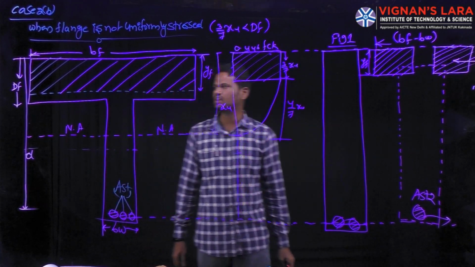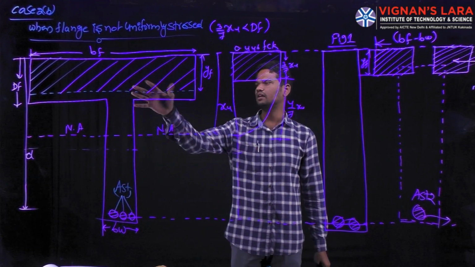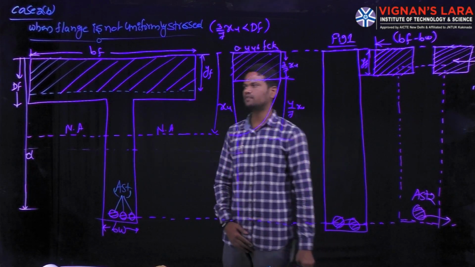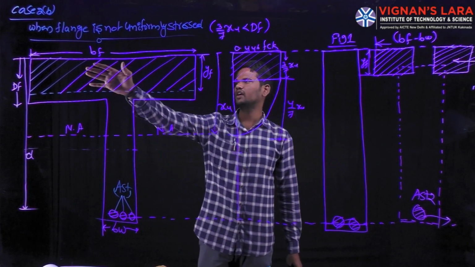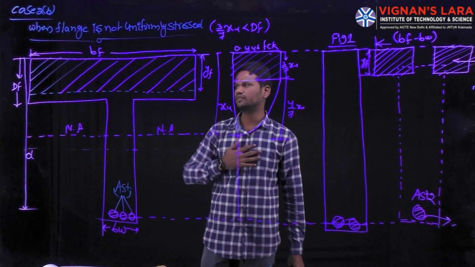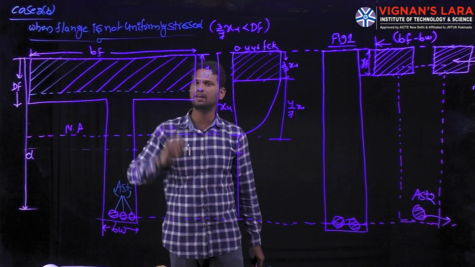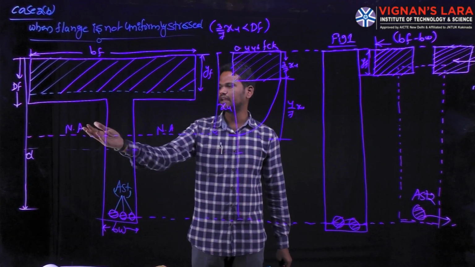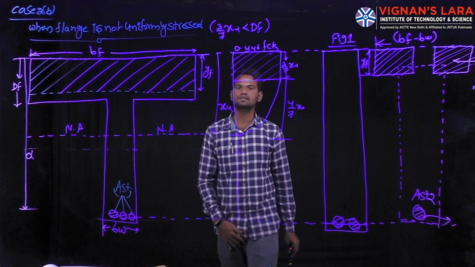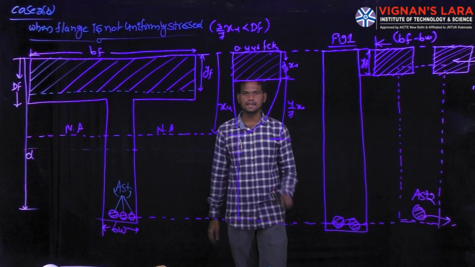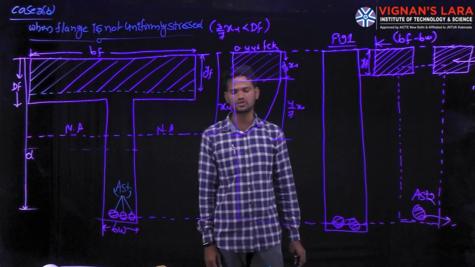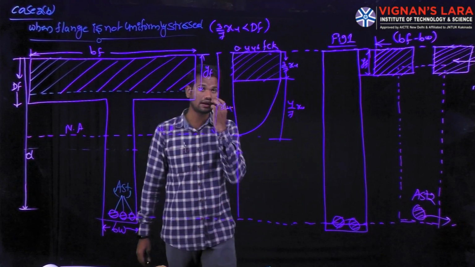If you see here, this is a regular T-beam, that is nothing but a flanged beam, where BF is the width of the flange, DF is the depth of the flange, and NA is the neutral axis. The neutral axis is the axis which divides the total compressive force and the total tensile force.